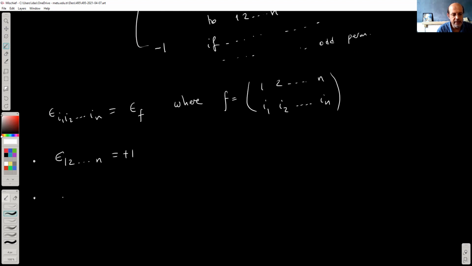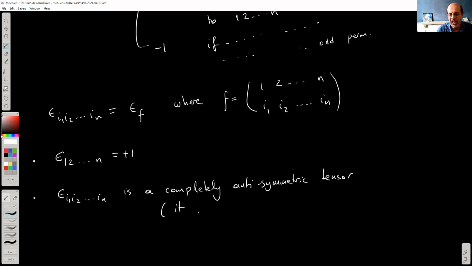Epsilon I1, I2, dot, dot, dot, In is a completely antisymmetric tensor, which means it changes sign if any two indices are exchanged.